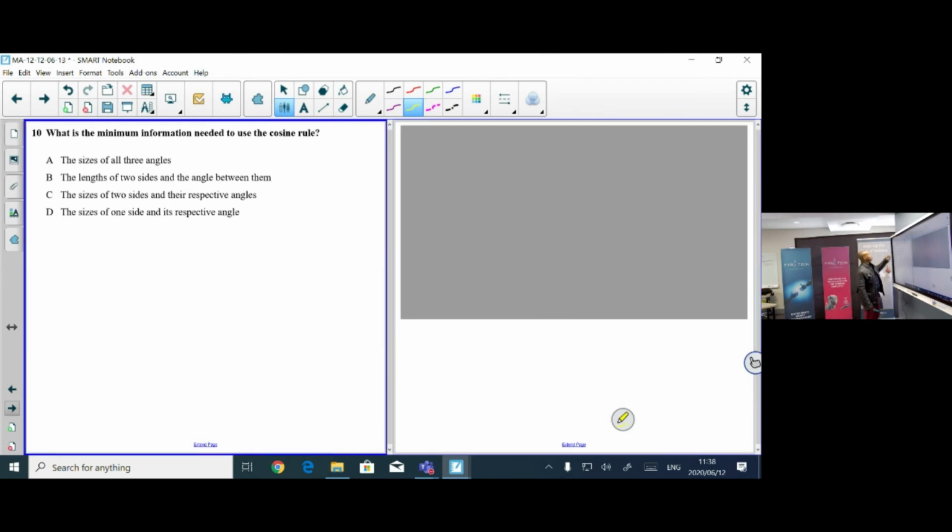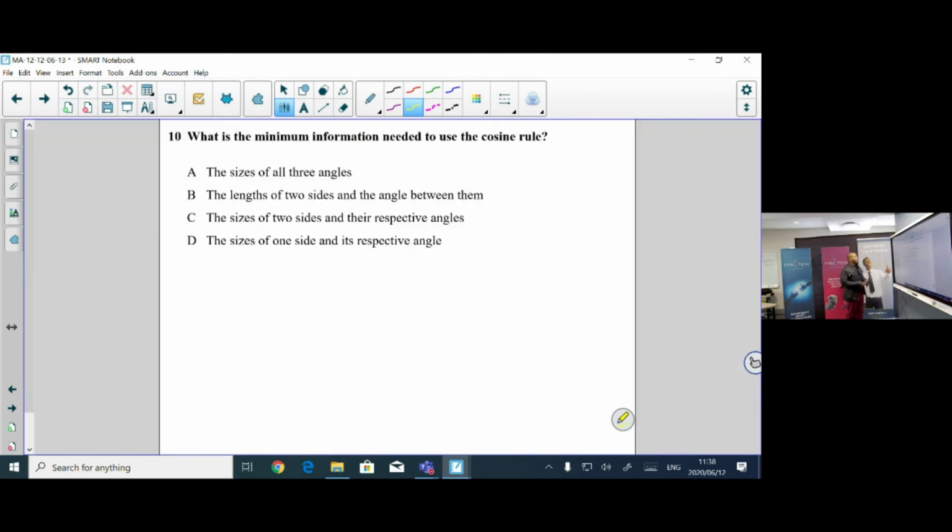This question is looking to solve what is the minimum information needed to use the cosine rule. So it's sort of a walk in the park for you now to realize: is it the sizes of all three angles? Maybe the lengths of two sides and the angle between them.